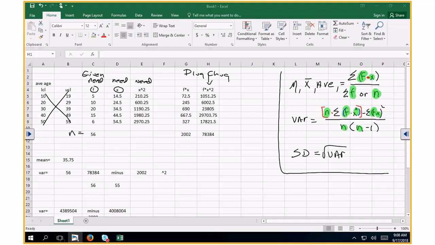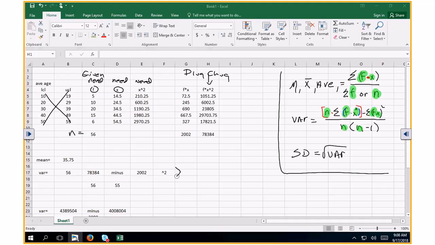And then you have to look at your formula and say, okay, what do I do? Well, N, 56, times the summation of f times x squared, that number, minus the summation of f times x, quantity squared, over n times n minus 1.